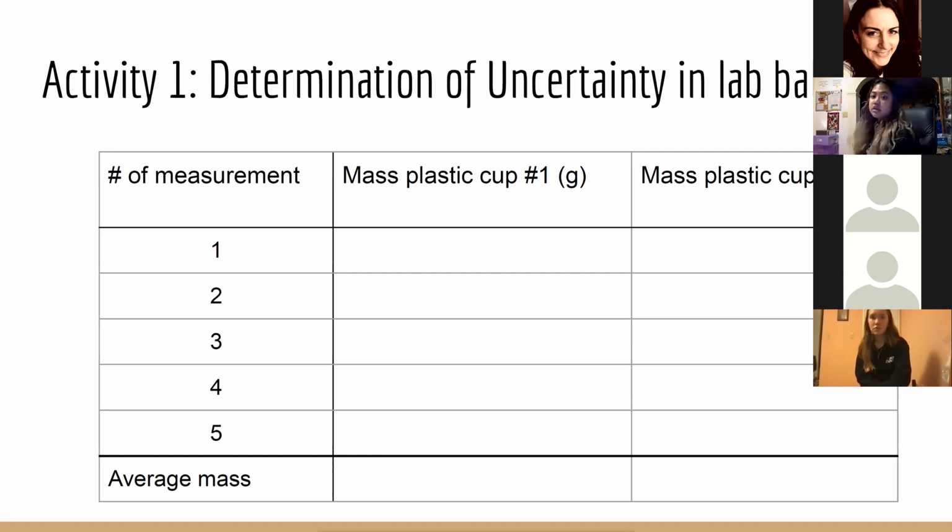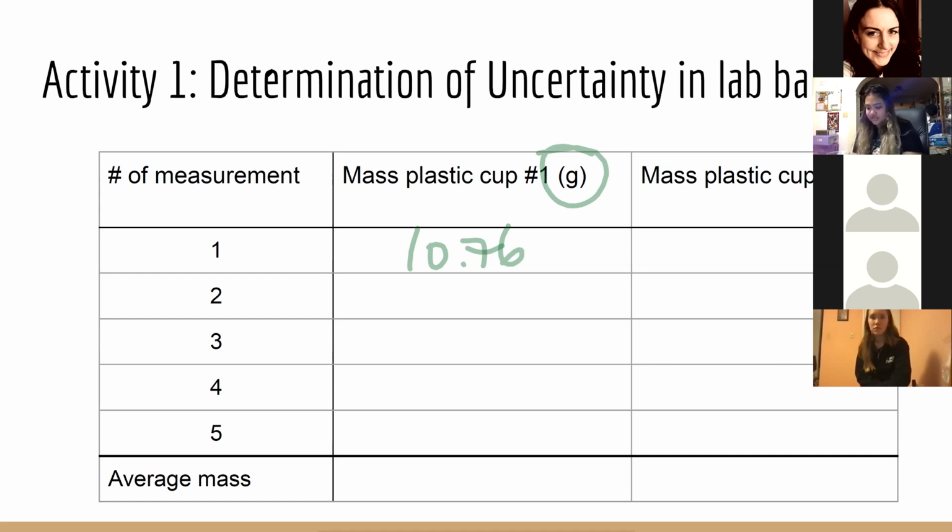One thing I really want to point out to you is that when you have a data table like this, it is essential that you have units in it. Because if you have mass of plastic cup and then you write down 10.76, that is a meaningless number. 10.76 what? Grams, pounds, kilos, fish? I don't know what that is.